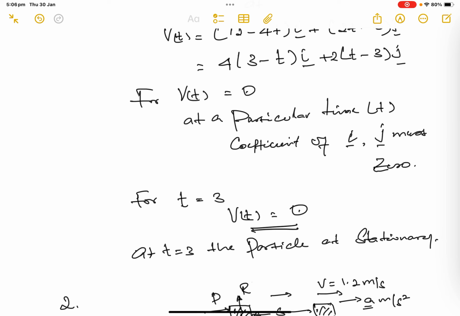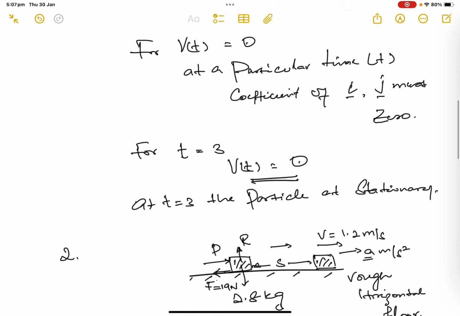Then it asks when the particle would be stationary. In other words, the velocity has to be 0. So v(t) equals 0 at a particular time. If it happens at a particular time, the coefficients of i and j must both be 0.